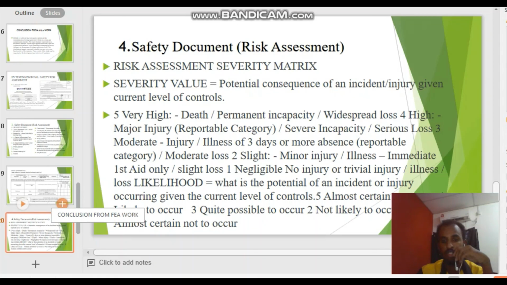What is the potential of an incident or injury occurring given the current level of controls: almost certain to occur, quite likely, not likely to occur, almost certain not to occur.